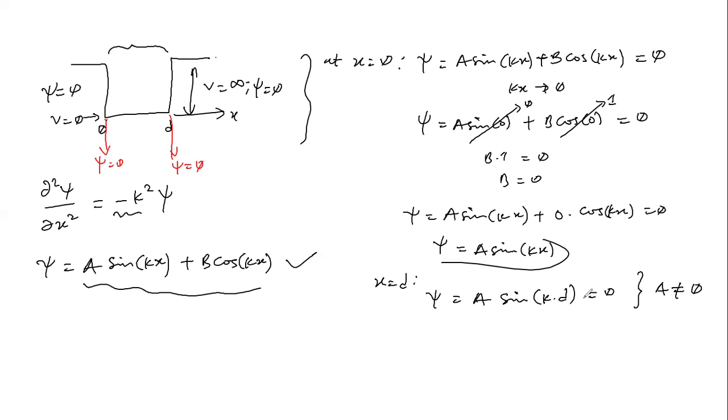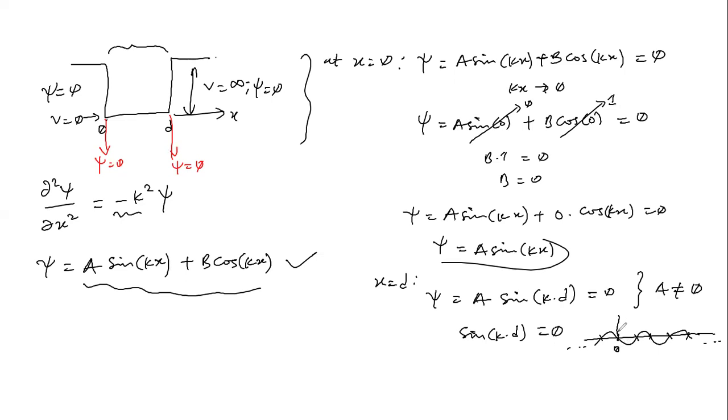Now, for the wave function to be 0, if sin kd has to be 0, then looking at our regular sinusoid, at what point is this sinusoid 0? At this point, right? To infinity and to infinity.